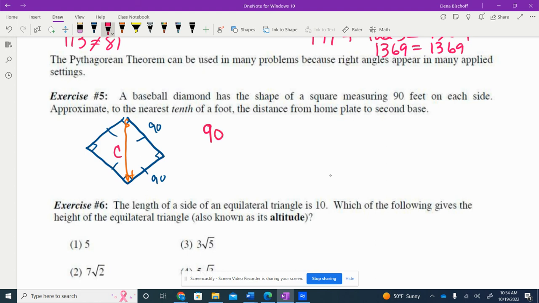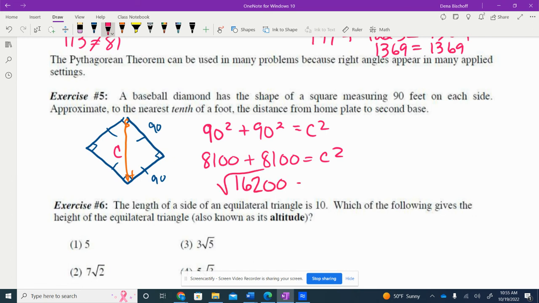So I have 90 squared plus 90 squared equals C squared. Well, 9 squared is 81, so I'm just going to add 2 zeros to that, right? Because 10 squared is 100. 81 plus 81 is 162. Add your two zeros. Take the square root of that.